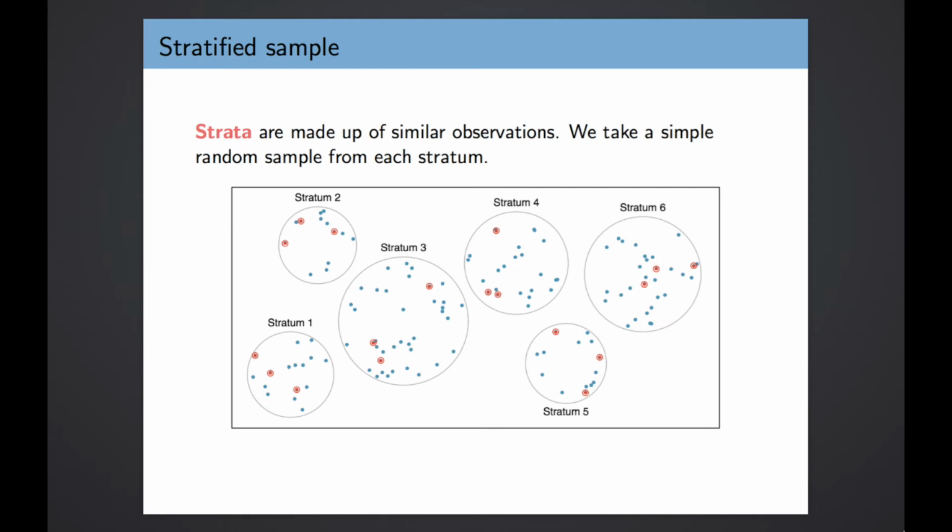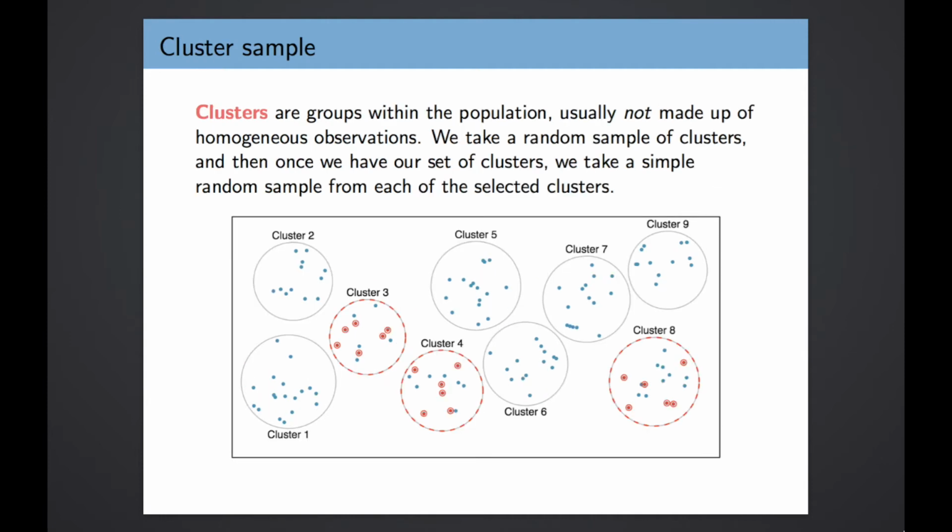First, I stratify my population into these particular categories that I'm interested in, and then I take a random sample from each of those strata, each of those categories. Another random sampling strategy is to take a cluster sample. In this sampling strategy, I divide my population into particular clusters with heterogeneous populations within each cluster.